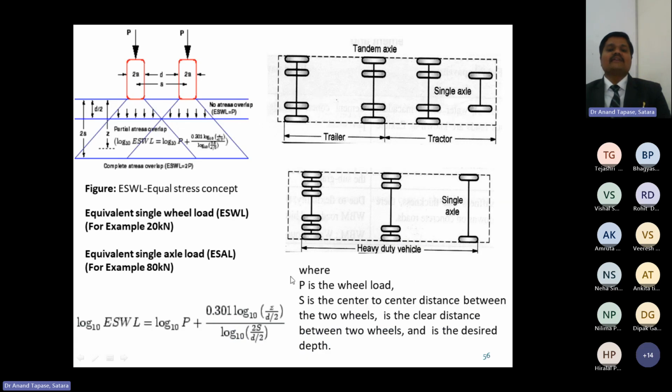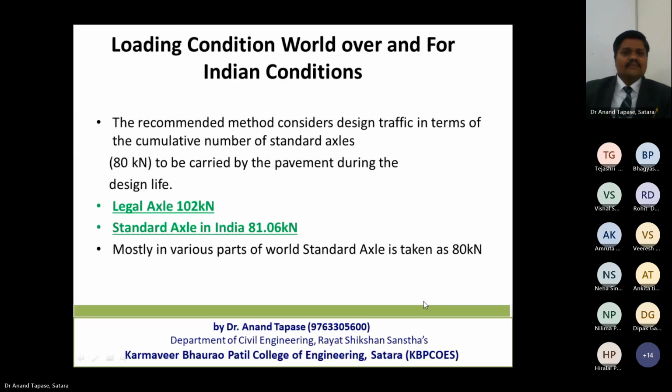Here the concept can be seen. That is how the stresses are developed, what is the wheel load. For Indian conditions and in other parts of the world, they are considering 80 kilonewton as the standard axle load. What does 80 kilonewton stand for? 80 kilonewton is for the complete axle.